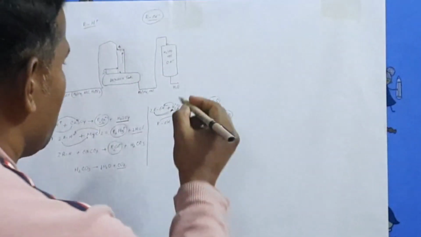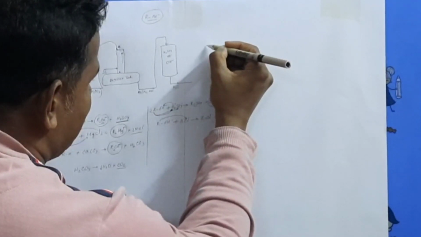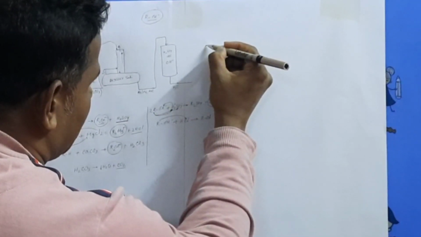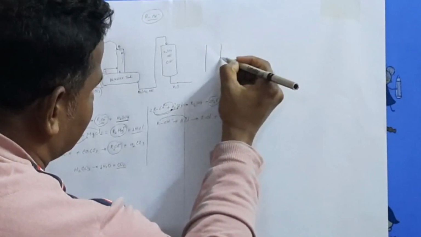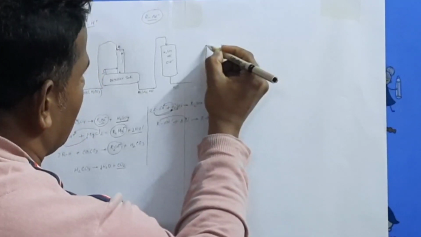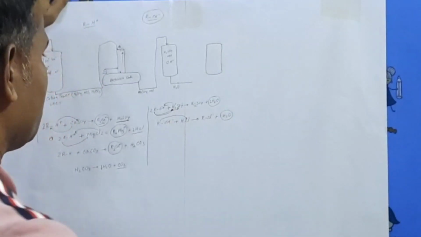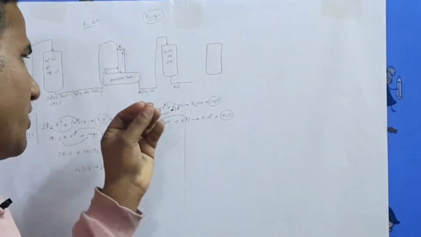This hardness is also harmful for the plant. That's why, before supplying to the deaerator or boiler, this hardness also needs to be removed. After discharging from the anion tower, this water with hardness will enter the MBP unit.